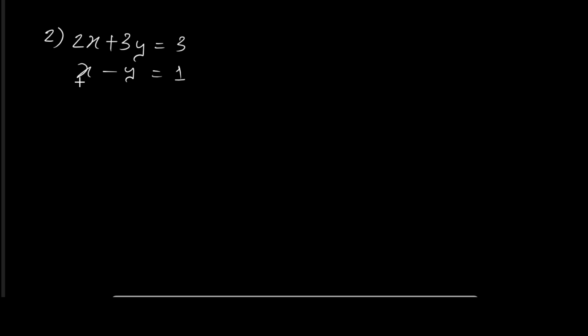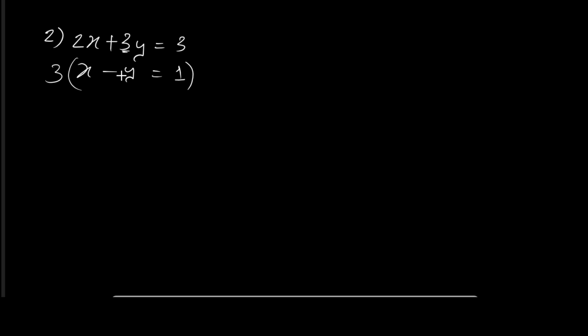Let's eliminate y. So to eliminate y, we have to make the coefficients of y the same and opposite. So we have 3 here, so we need also 3 here. So to make this, I'm going to multiply this whole equation by 3.